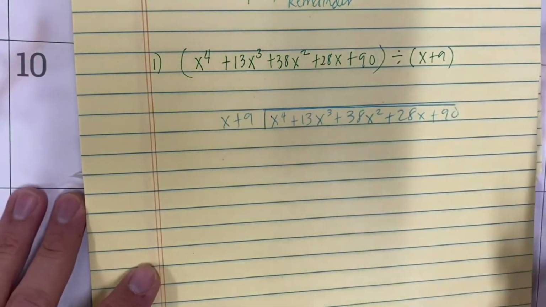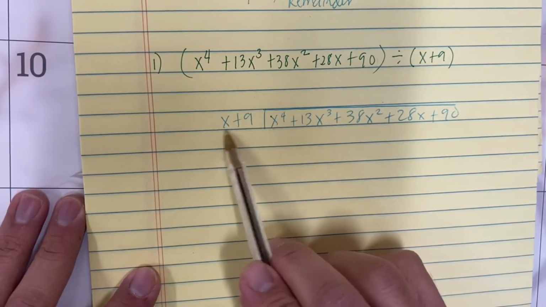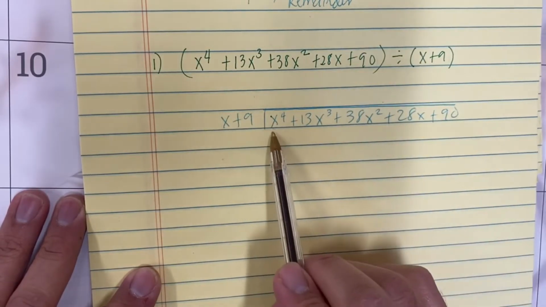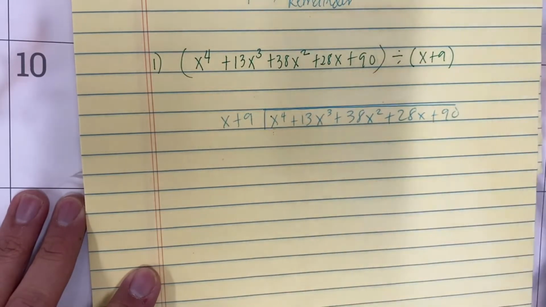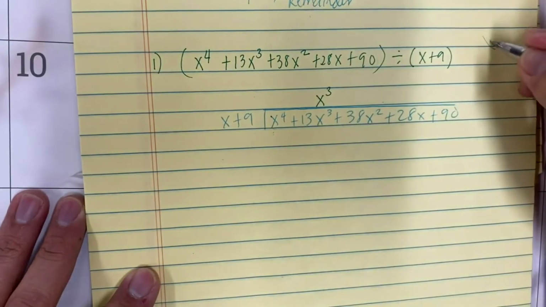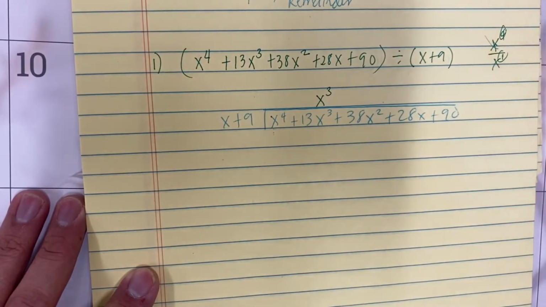Okay, pay attention here. The first thing you need to do is divide the first term by the first term here. Remember, they're all in standard form. x to the 4th divided by x will give you x cubed, because you subtract the exponents 4 and 1, that becomes 3.